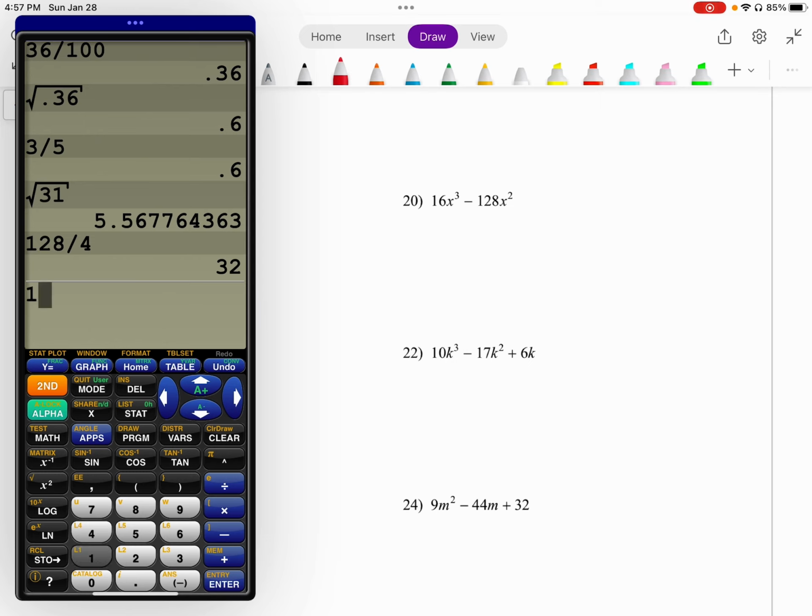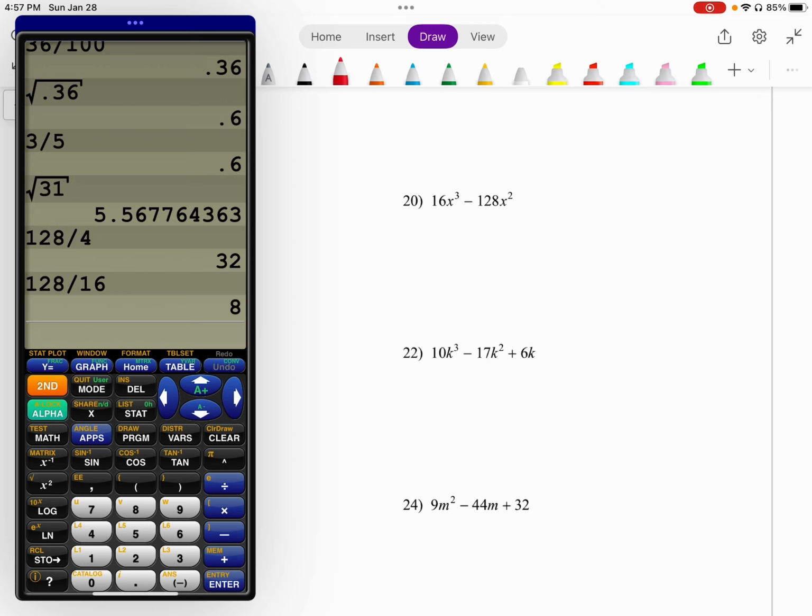So maybe 128 is divisible by 16. And it is. So there's actually a 16 in common in both numbers. And there's x cubed here and x squared here. So each term has at least 2 x's. So 16x squared is our common factor.